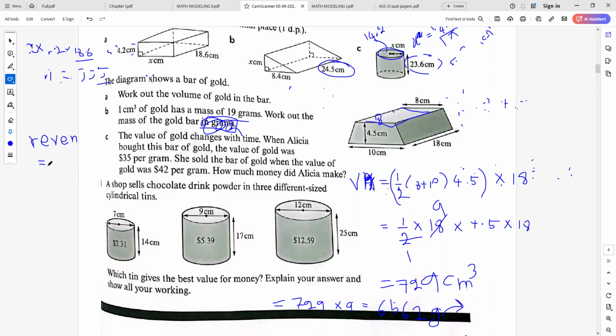So you can write it this way: revenue per gram is equal to 42 minus 35, which is equal to $7.